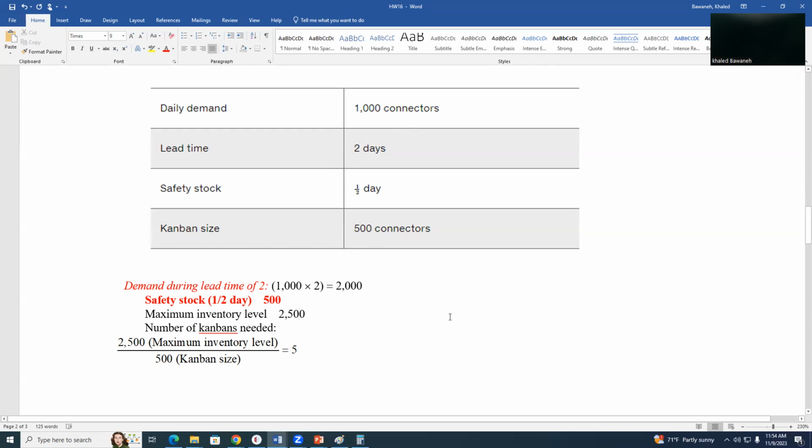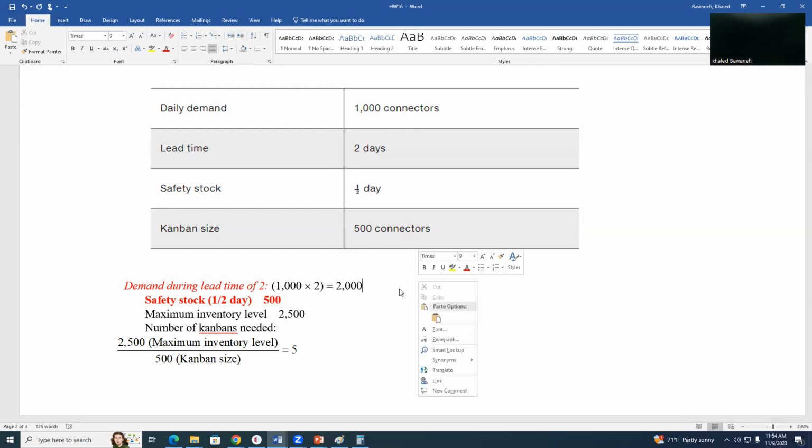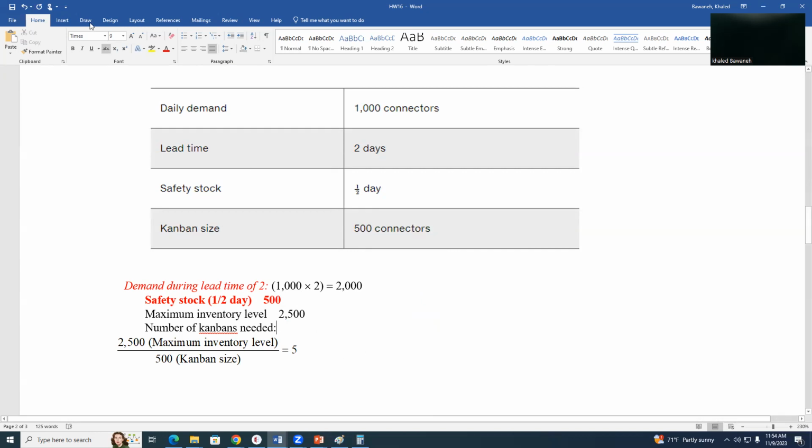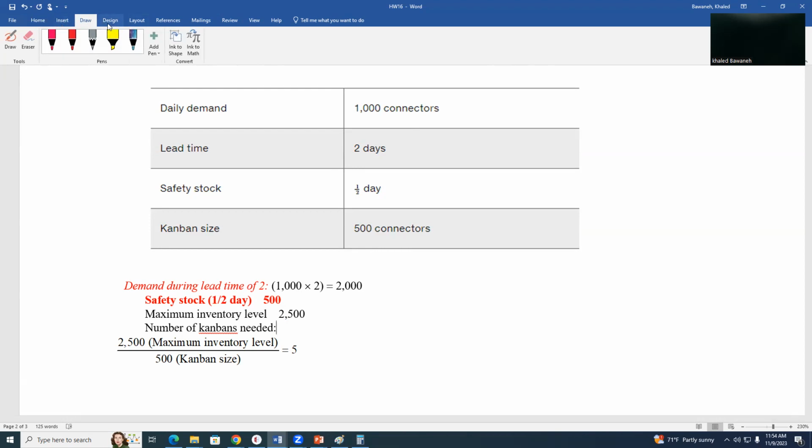So the number of Kanbans is equal to the demand during lead time plus safety stock divided by the size of Kanban, which is equal to 2,000 plus 500 divided by 500, which is equal to 5. That's it.